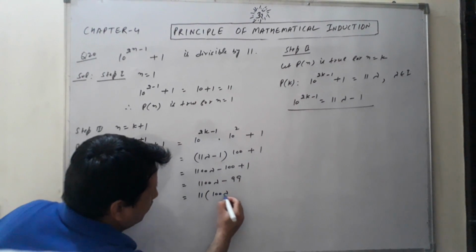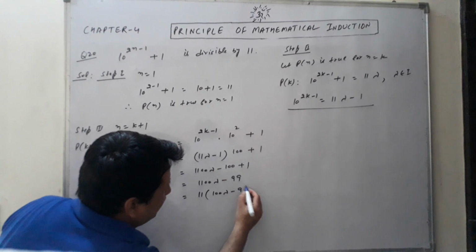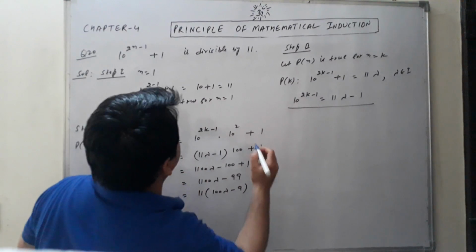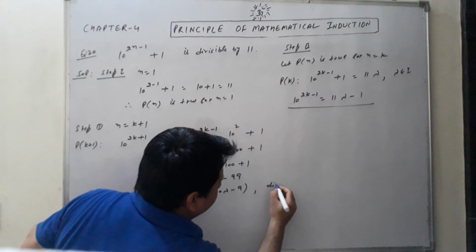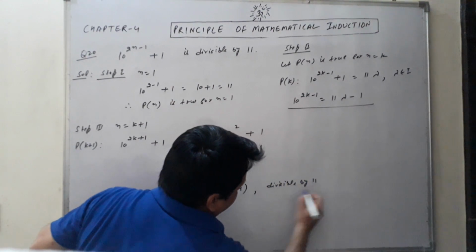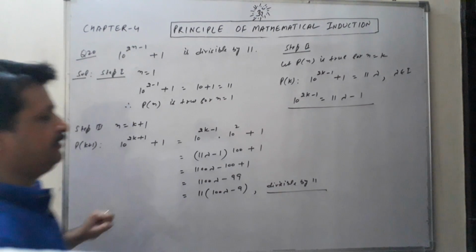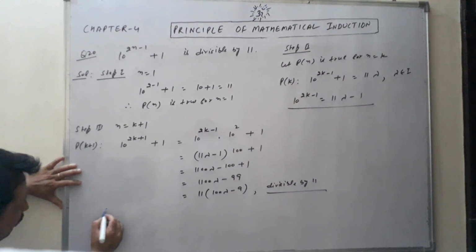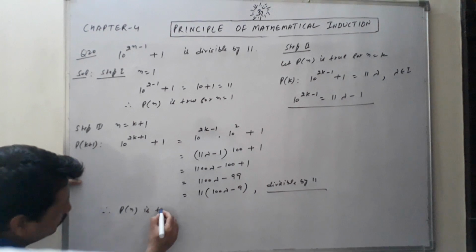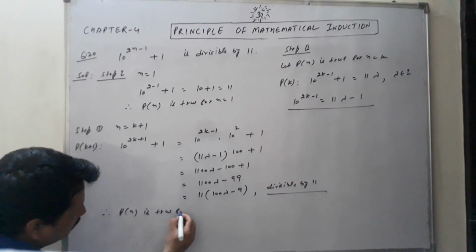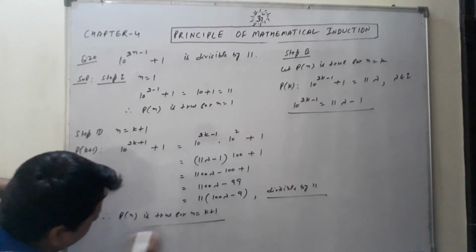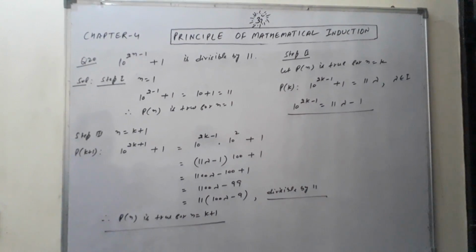If 11 is common, 100 lambda minus 9, students, what can you say? Now you can say that it is divisible by 11. Therefore, we can say that P of n is true for n equal to k plus 1. So this is the solution, students.